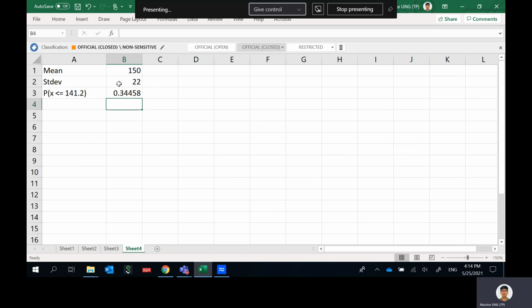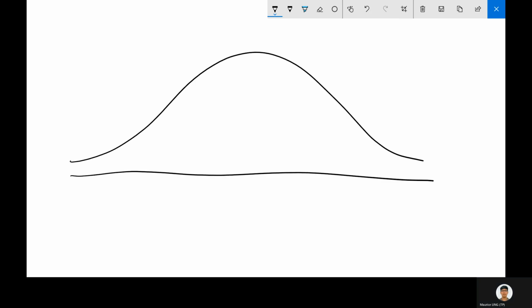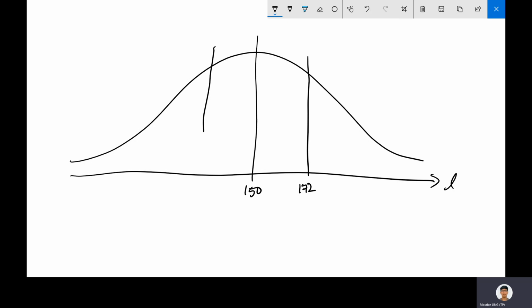Okay, which means that what you end up with is this. This is your normal distribution, this is the length, and here is 150. What is 150 minus 22? 128, right? So let me expand this line a little bit longer.